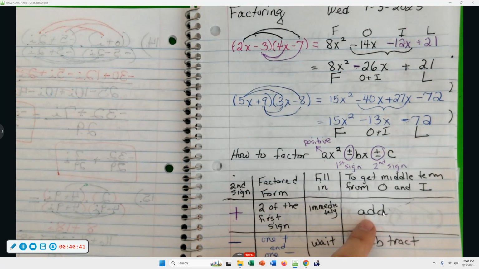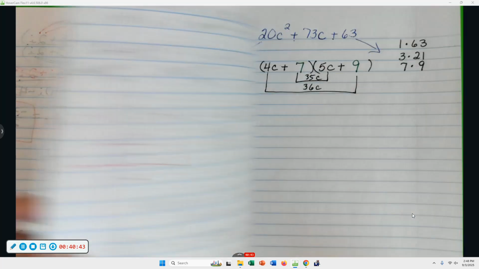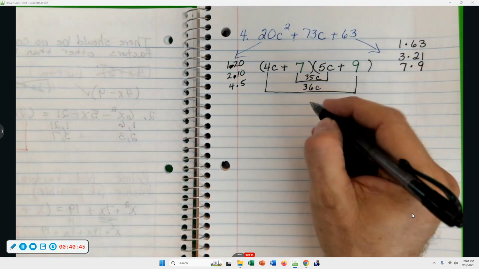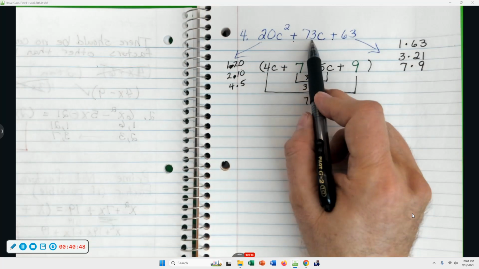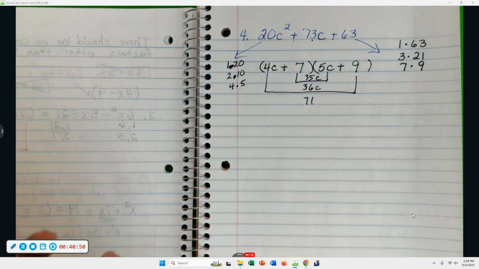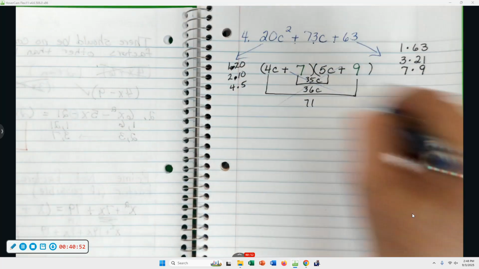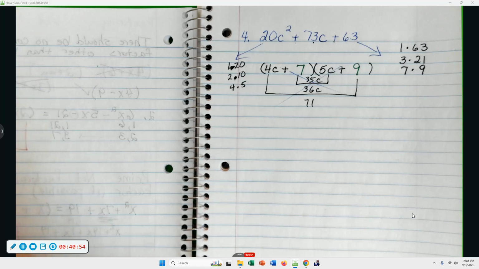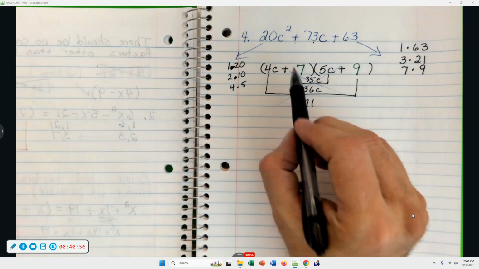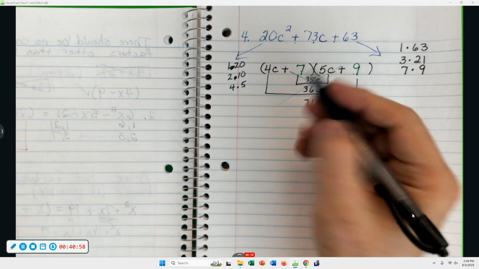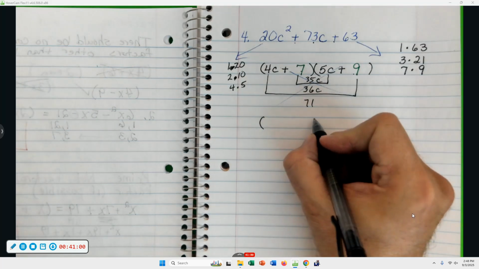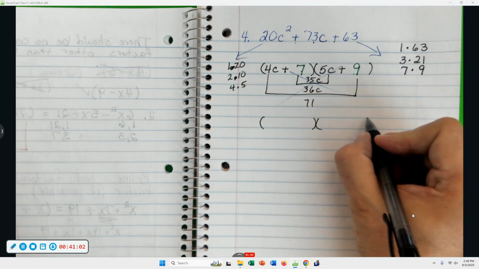We need those numbers to add together to give 73. They give 71, not 73. So that doesn't work. If I were doing this with pencil on paper, I'd erase the 7 and 9 and reverse it. But I don't like to sit up here and erase stuff.